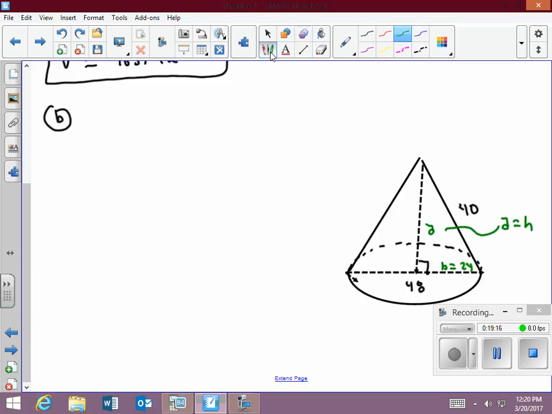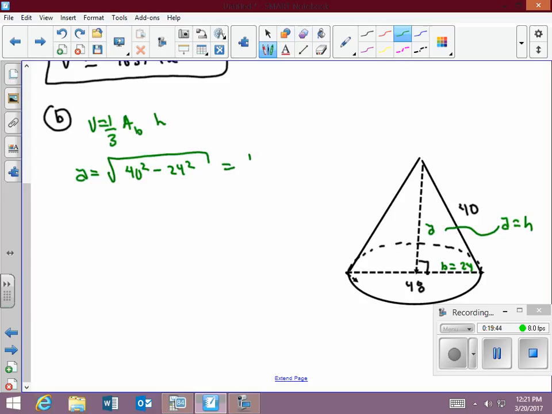To put into the formula, volume equals 1/3 the area of the base times height. For that height, we're going to have to calculate A. So A is going to equal the square root of 40 squared minus 24 squared.